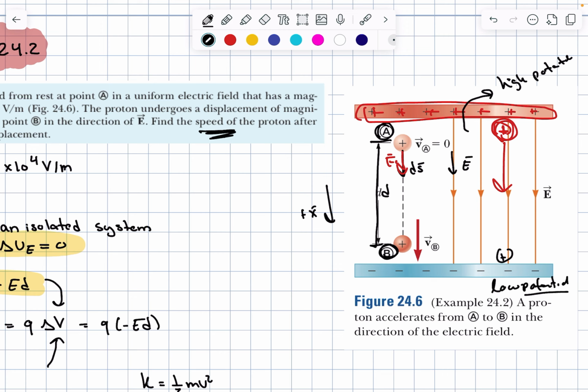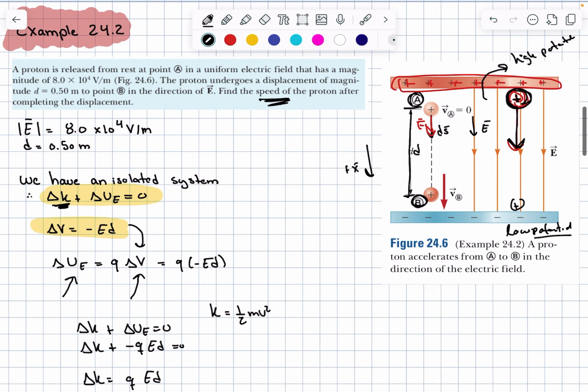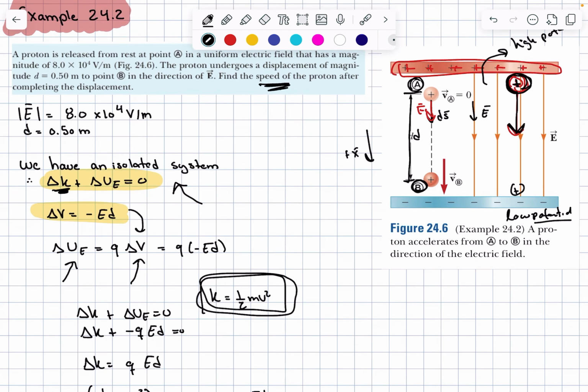Of course, this is from the perspective of a positive charge. It's the opposite if this were a negative charge. So basically we go from an area of high potential, and as we travel this way, we lose potential energy, and it gets converted to kinetic energy. When we lose potential energy, it gets converted to kinetic energy in the form of movement or velocity, and that's how we're able to figure out the velocity due to energy conservation.